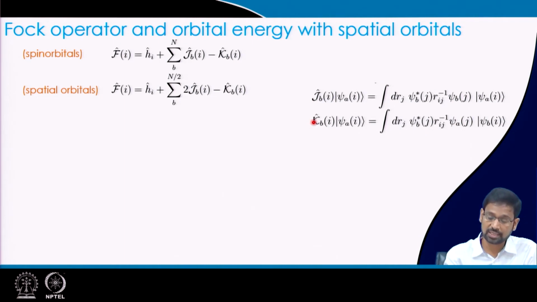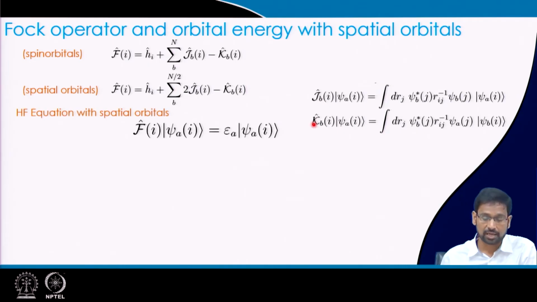So, we will see how the exchange operator and Coulomb operator act on the spatial orbitals. Now, since we know how the Coulomb and exchange operators act on spatial orbitals, we can rewrite this Hartree-Fock equation with the spatial orbitals, where this is the Fock operator defined in terms of spatial orbitals.